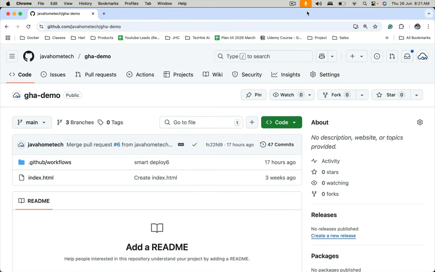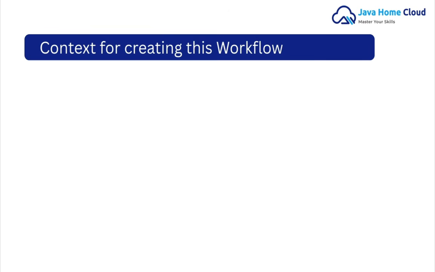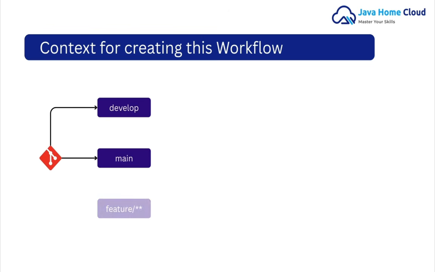I would like to show one more example for if conditions using special functions such as starts with, ends with, contains, success, failure, and so forth. Let me give some context before I go ahead and write this workflow file. We want to use develop branch, main branch, and feature branch. When code is pushed to feature branch, it could be any feature branch, I want to perform static code analysis.